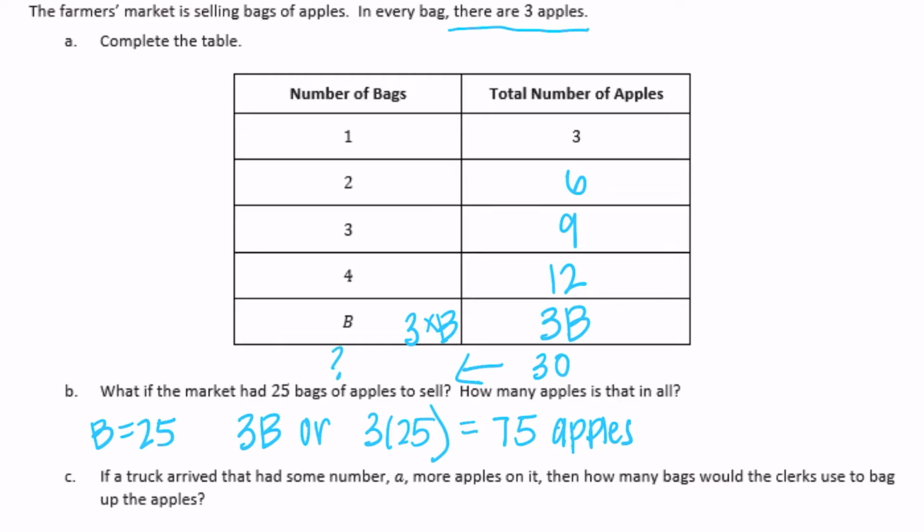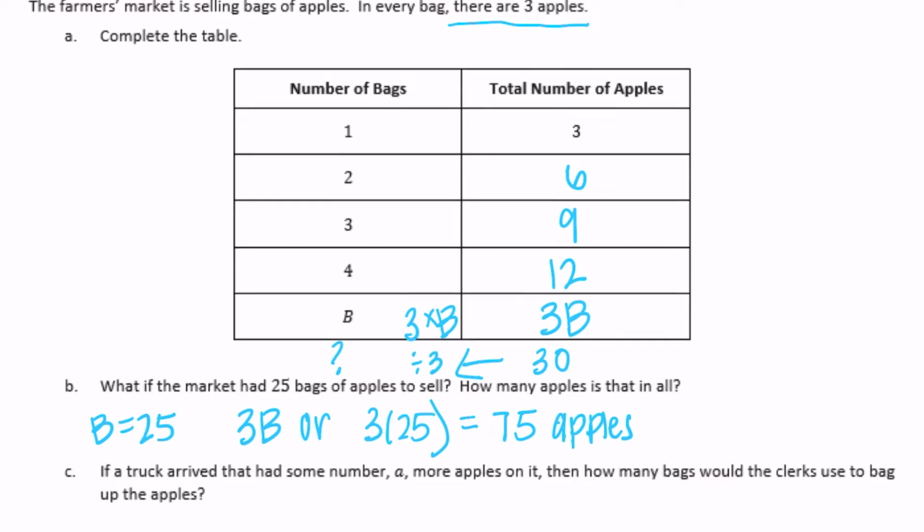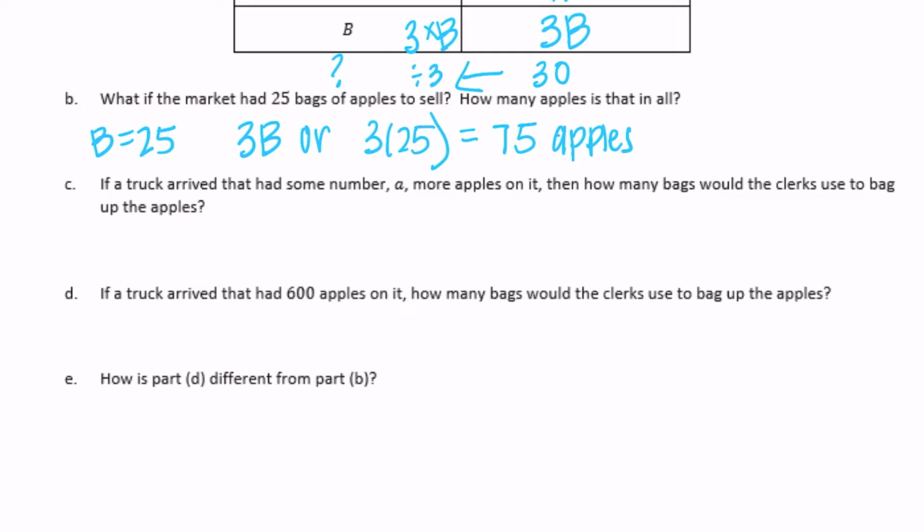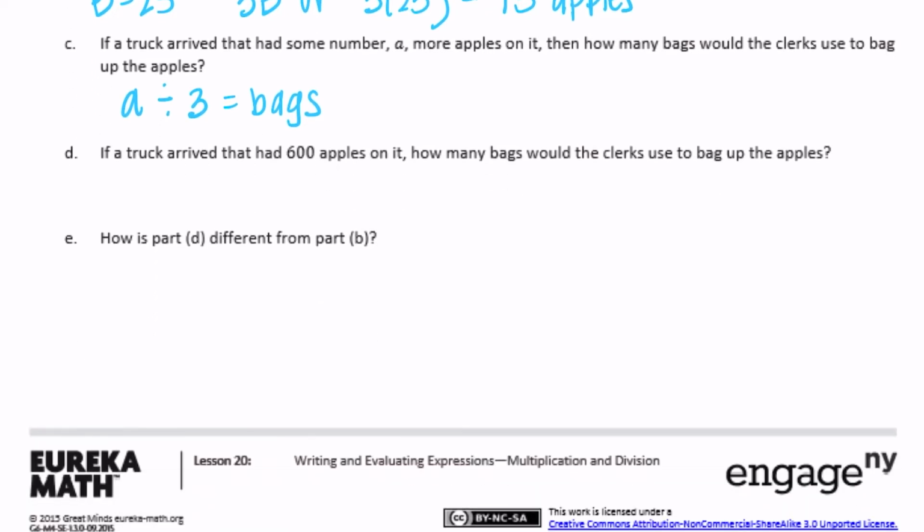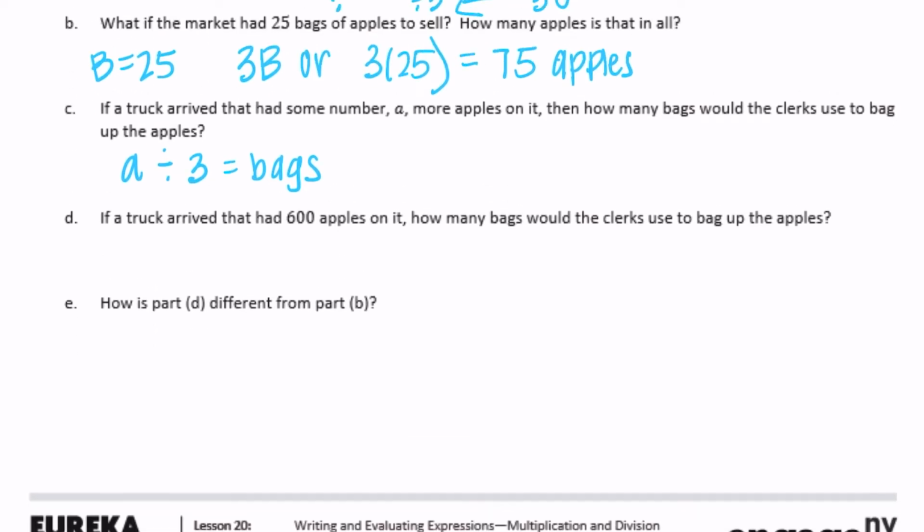What we would do, instead of multiplying by 3, to go backwards, we would divide by 3 to figure out the number of bags. So we would do A, the number of apples, divided by 3 would give us the bags. And yep, I think that answers all parts of that.